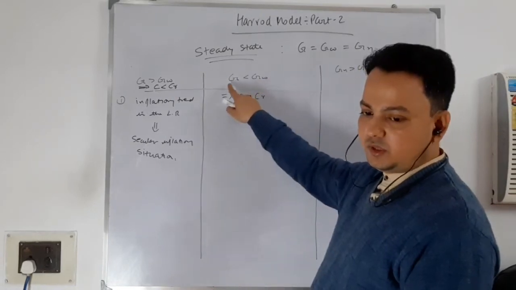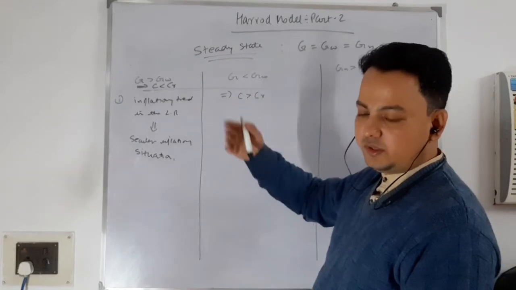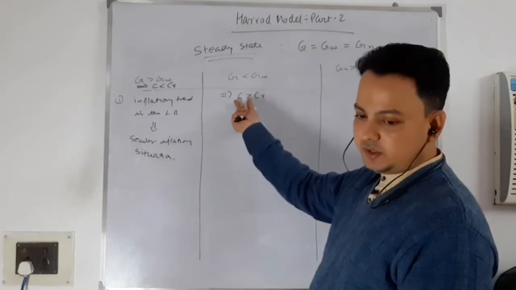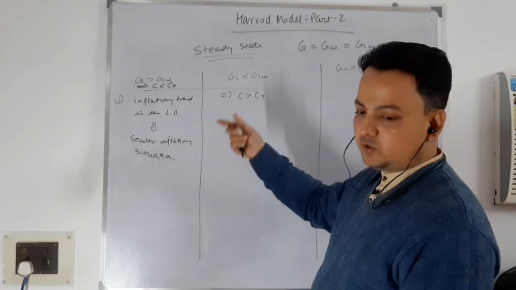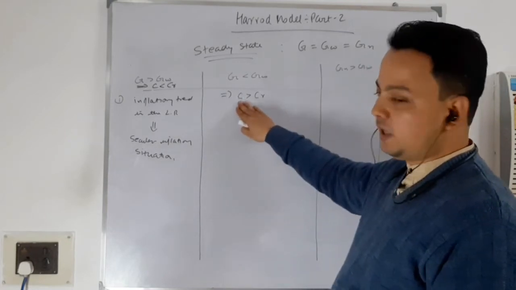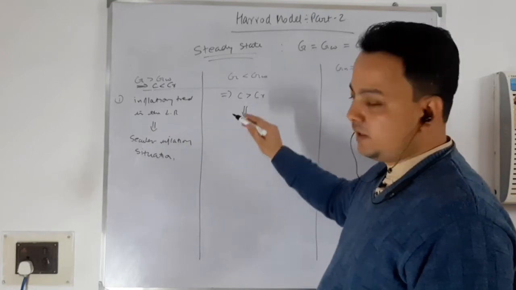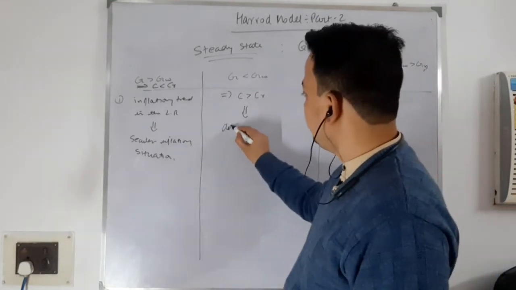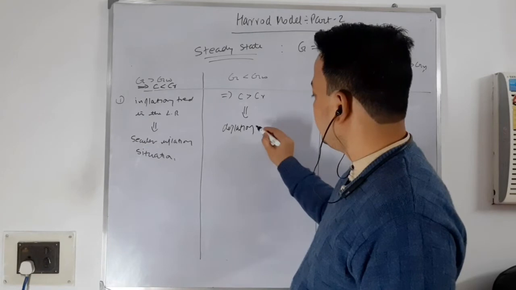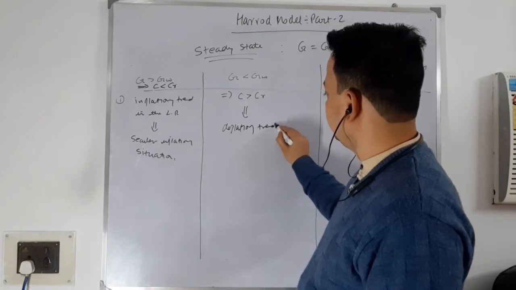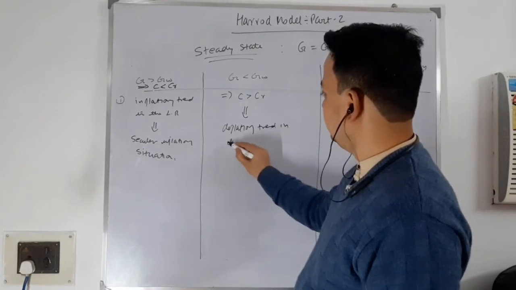Growth in capacity is more than growth in aggregate demand in the economy. That means actual capacity is more in the economy. When actual capacity is more in the economy, what will happen in the long run? There will be deflation in the price. So we will be seeing a deflationary trend, reducing the price level every period in the economy.